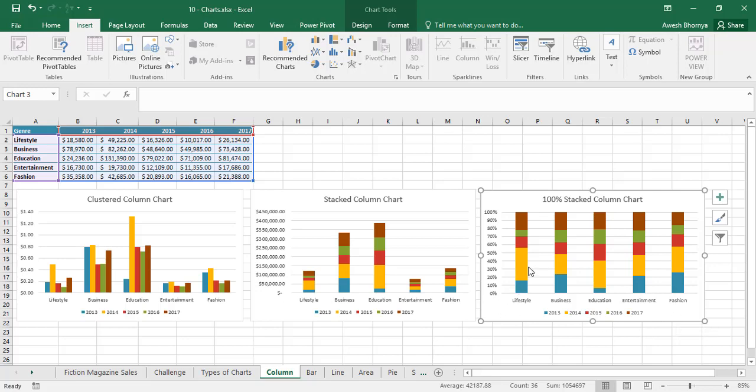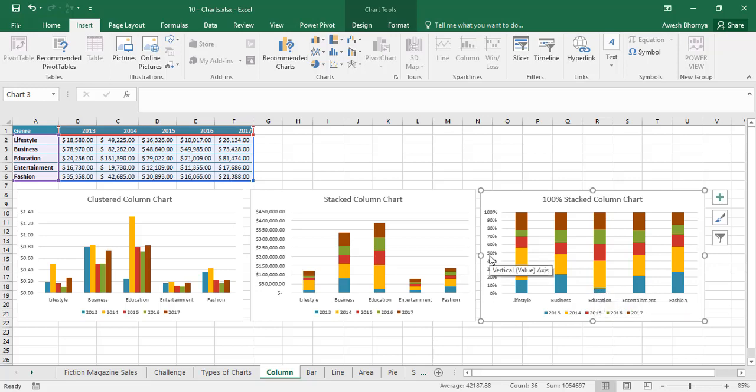Within a genre, you can clearly make out that for lifestyle, 2014 was the best year. Similarly, for education, again 2014 was a good year. So you will notice that relatively 2014 has been a good year for all the genres of magazines. And you will also be able to see that particularly in 2013, education magazines did not do very well.